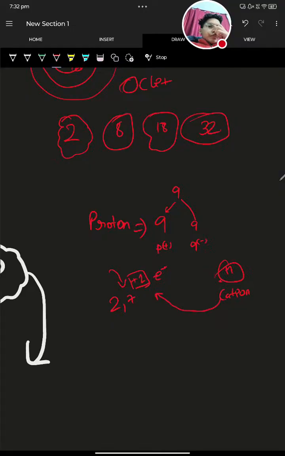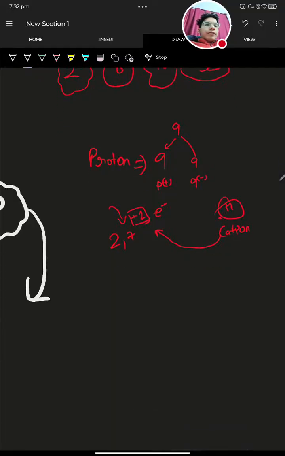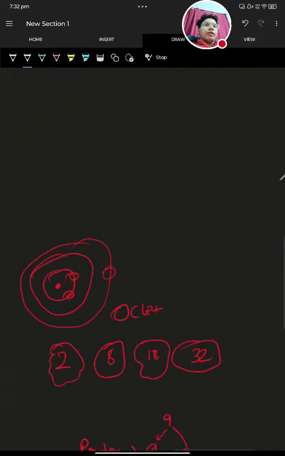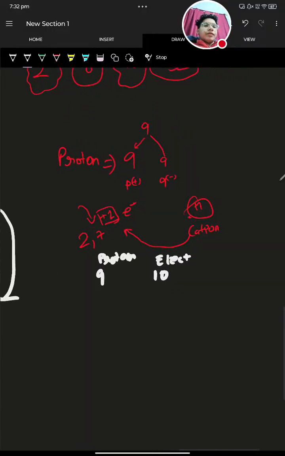So there were 9 protons at the start, now there would be 10 electrons, and the whole thing becomes an anion, which is negative, in the sense that the electron number increases.